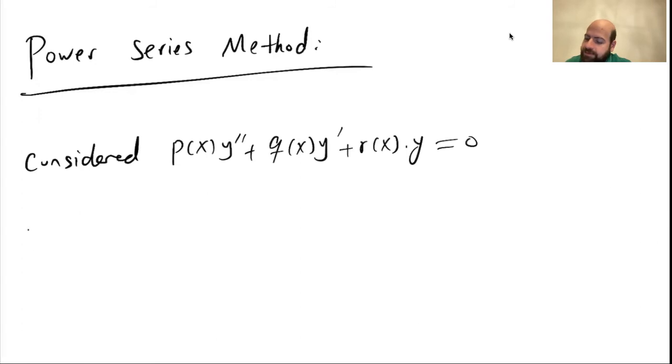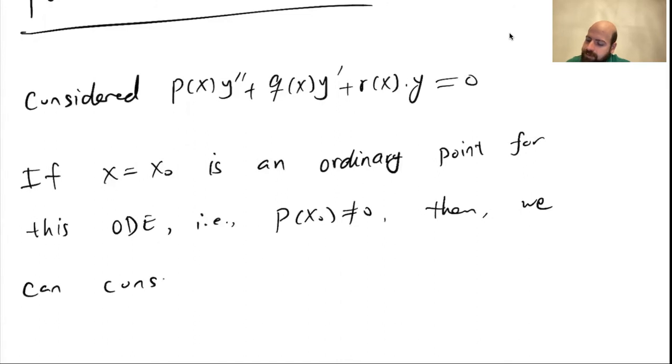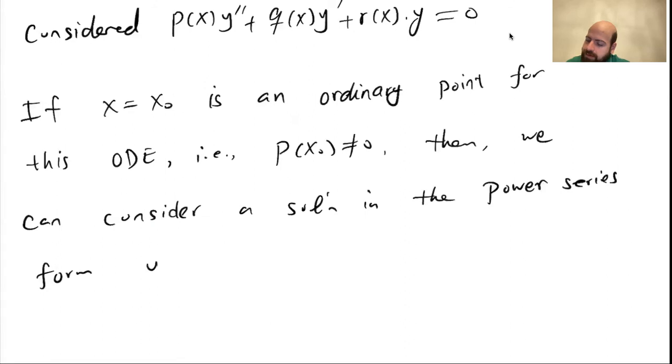Then we said that if x equals x naught is an ordinary point for this ODE, meaning that P of x naught is not equal to 0, then we can consider a solution in the power series form, let's say y equals sigma a n times x minus x0 to power n, from 0 to infinity.